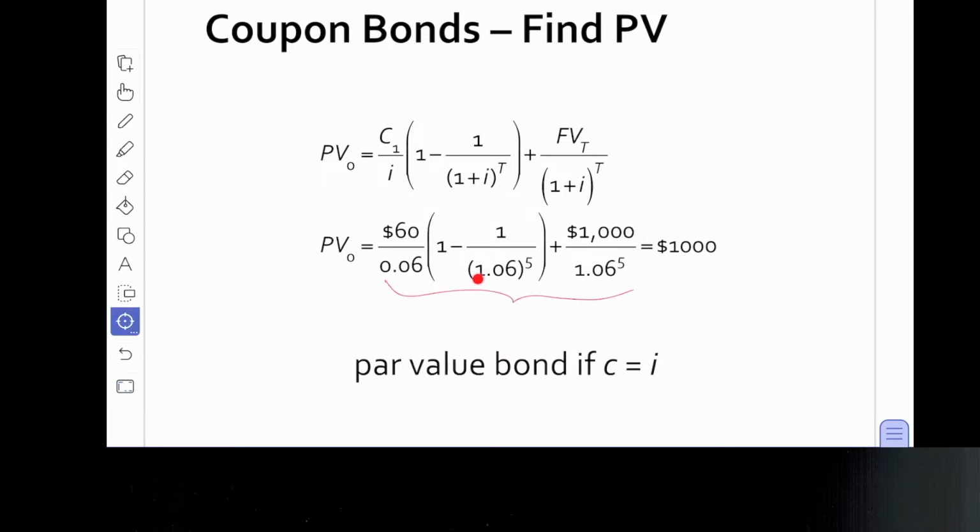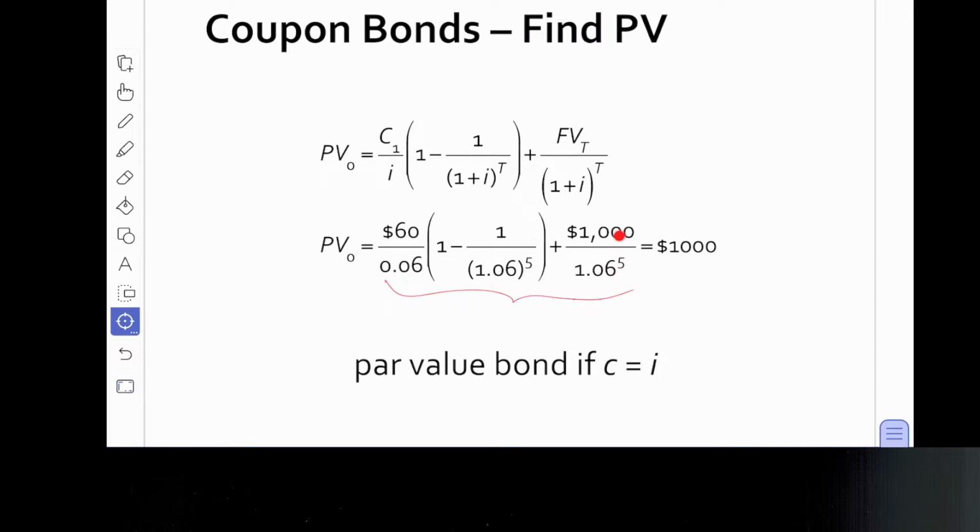I promised all you need to know is the perpetuity formula and the basic time value of money, and you can combine them to solve most of the problems that I present you. I think all the problems I present you. So this is just that, an annuity and then the basic time value of money expression here.